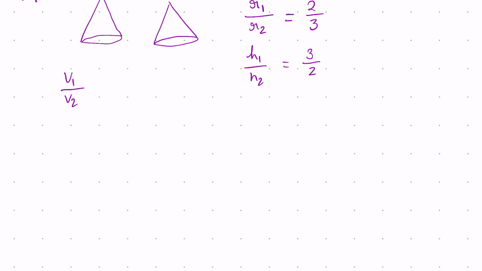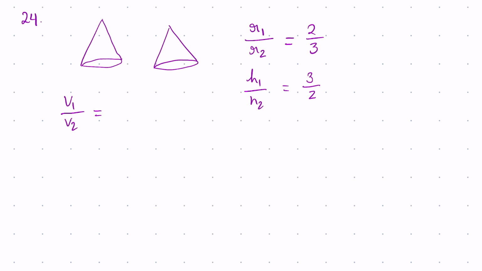Well, what is v1? v1 is nothing but the volume of the first one. Let's call this 1 and this 2. So what's the formula for the volume of a right circular cone? That's 1 by 3 pi r squared h. Since this is for the first one, this is r1 squared h1. Similarly, for the second right circular cone, it will be 1 by 3 pi r2 squared h2.